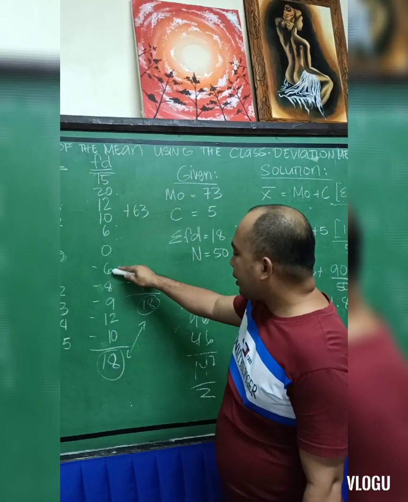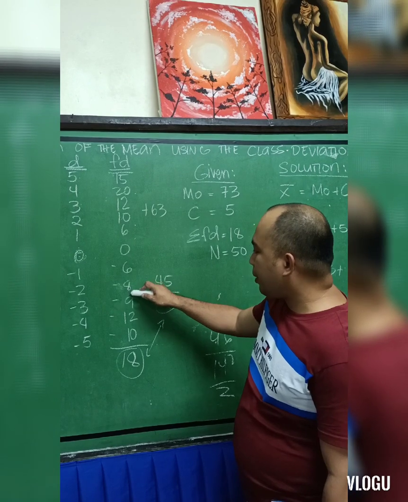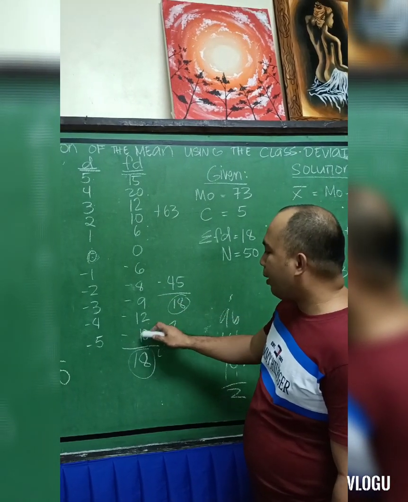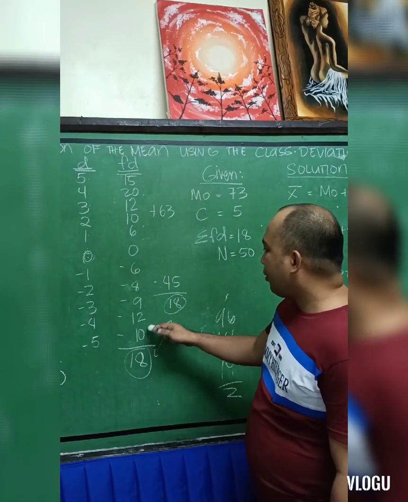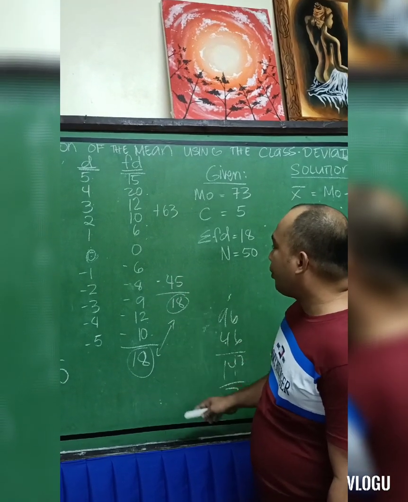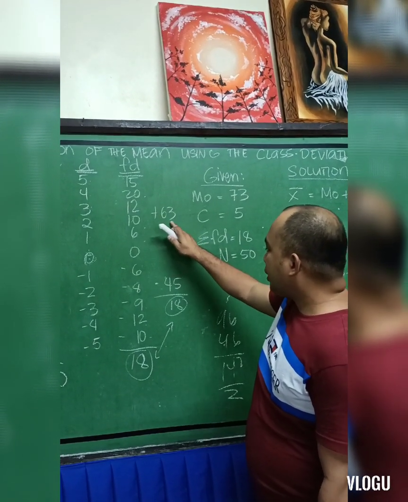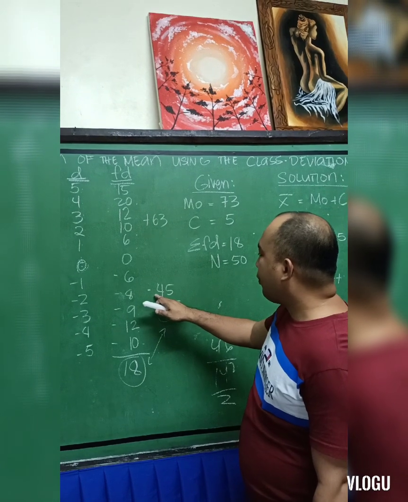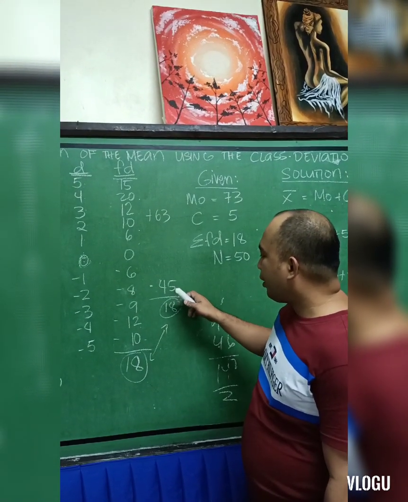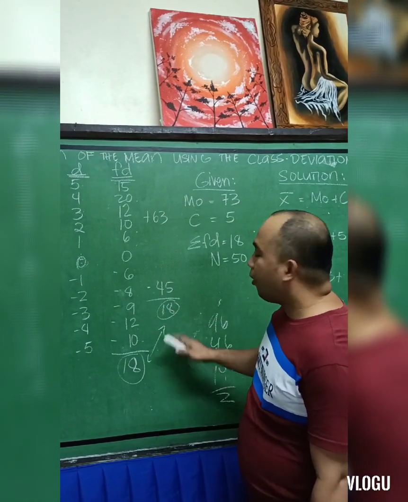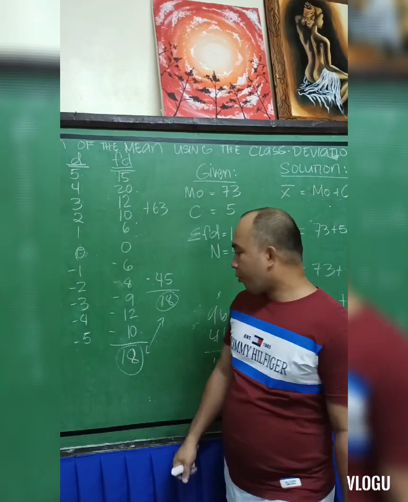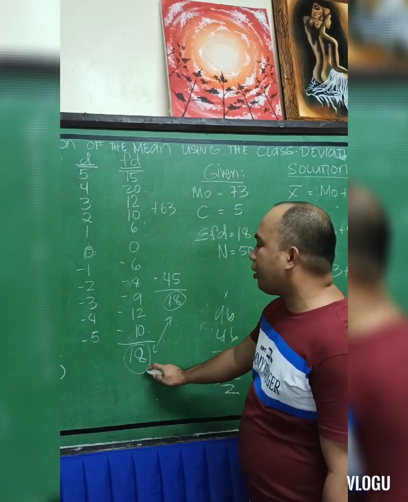Next, negative 6 plus negative 8 plus negative 9 plus negative 12 plus negative 10, we have negative 45. Positive 63 and negative 45 will give us the total of 18. Okay, so that's why we have 18 here.